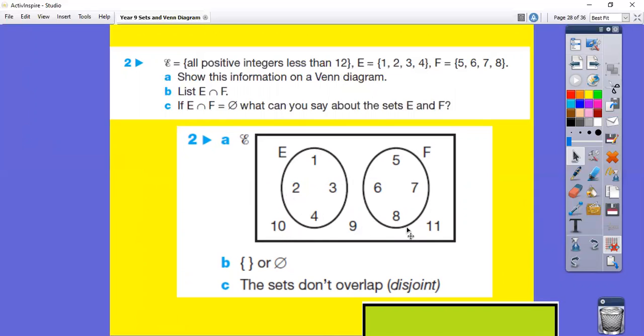And obviously 10, 9, 11 are outside because they don't belong in set E or F. This is an empty set. So again, you can show this with the symbol or with two brackets with nothing inside. And then we can say these sets don't overlap. They are disjoint.